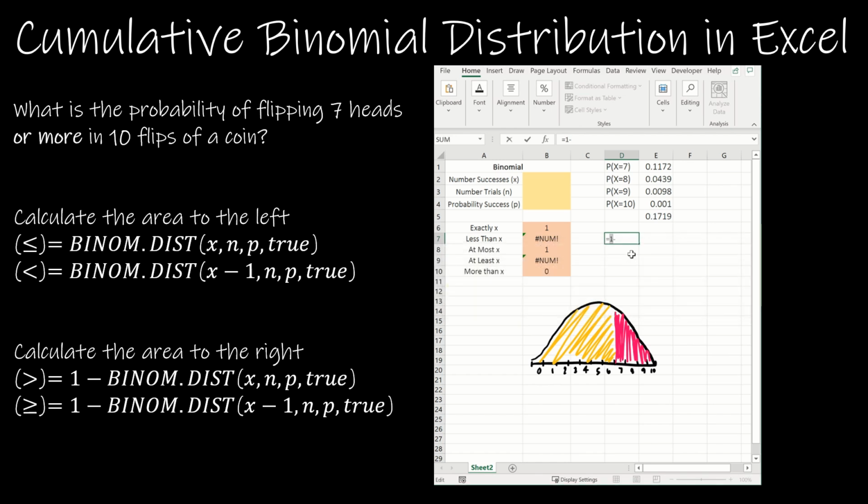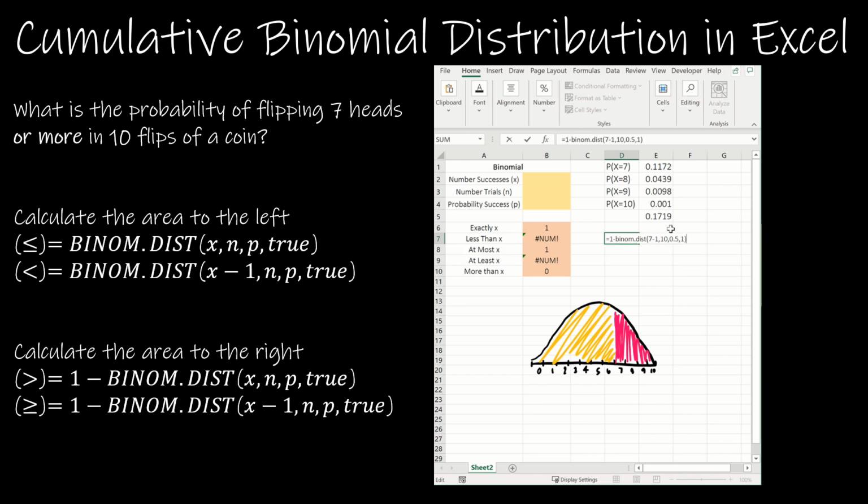I'm going to do 1 minus binom dist. I need to be smart enough to know that the number of successes will in fact be 6, and I can do 7 minus 1, which will make sense when I show you what I do over here. Then the number of trials is 10, the probability is 0.5, and cumulative is 1.